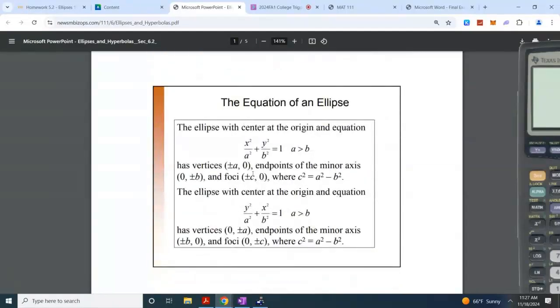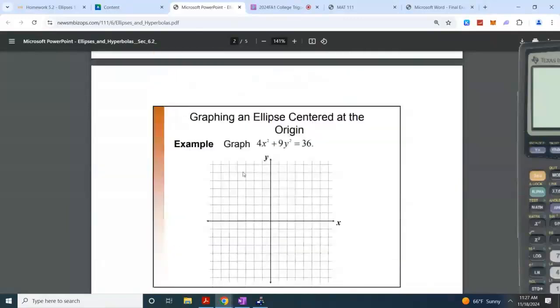All right, so we talked about the equation for the ellipse, and these are just equations for ellipses at the origin.